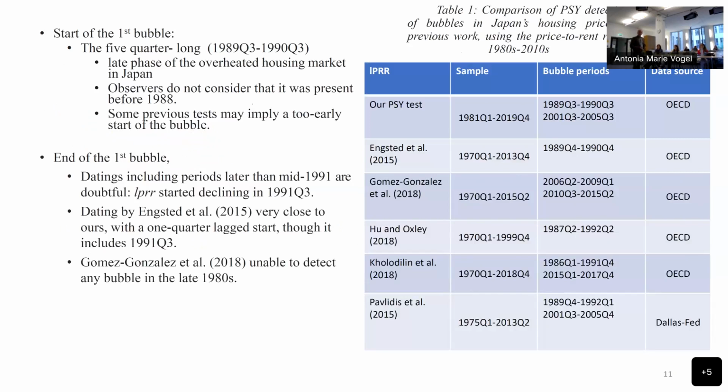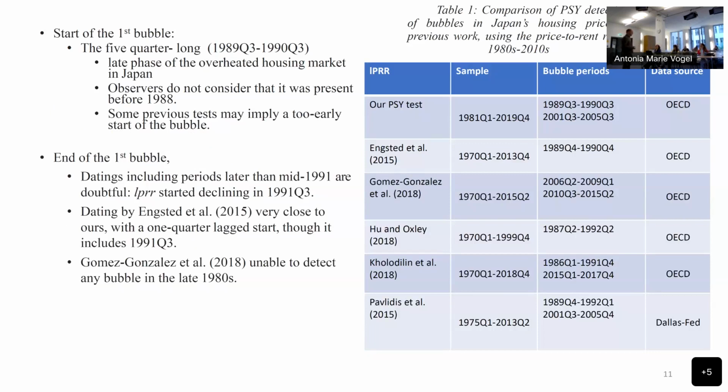So we have to stop a little bit about these two bubbles to see whether they are really bubbles, not simply from the point of view of whether the price is falling or not, but also, very important, looking at what observers, regulators, practitioners thought about it, because this is equally important.